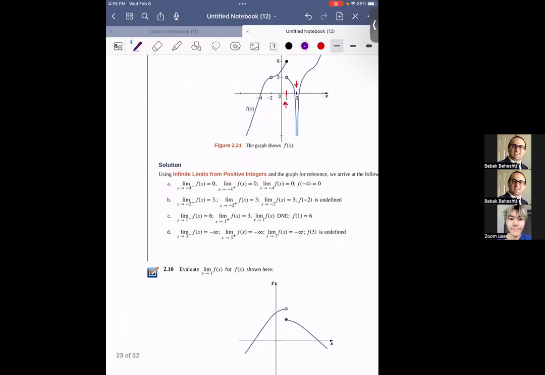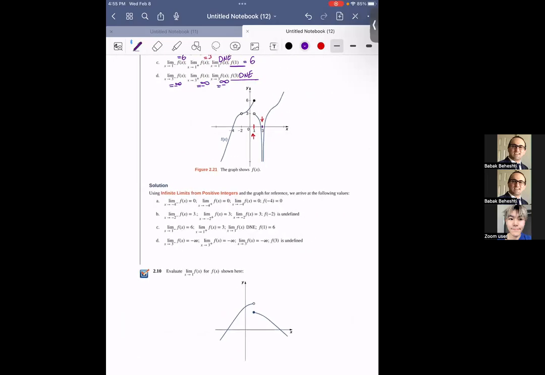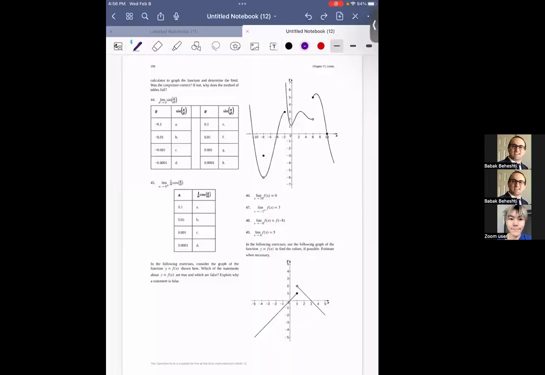For the previous one, for the f of minus 2, go to chapter 2.2 of the textbook. It's on the website. Go to chapter 2.2 on the website, limits and continuity.